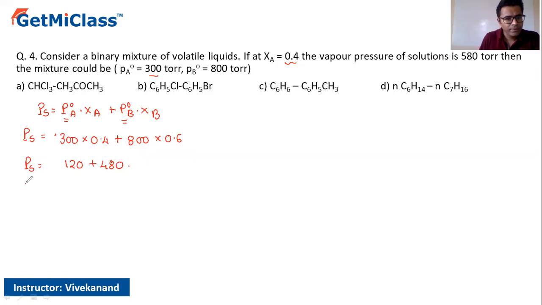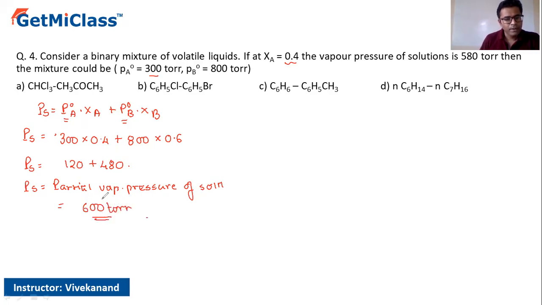Okay, so therefore PS, that is the partial vapor pressure of a solution, would be equal to around 600 torr.